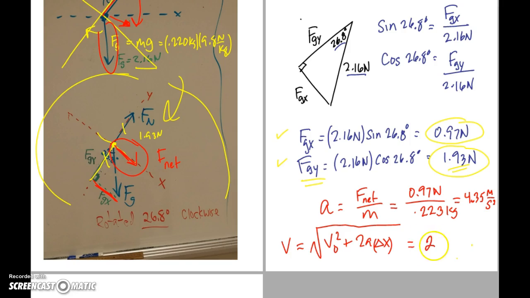And this came out to be, I put in for delta x, we had to go 0.9 meters down the ramp, and I think it came out to be about 2.8 meters per second when delta x is equal to 0.9 meters. And we put this in right there, and it came out pretty close. We made some measurements of the cart going down the ramp, and the acceleration was right on, and this was very close. It works.